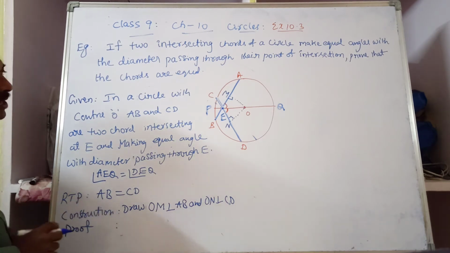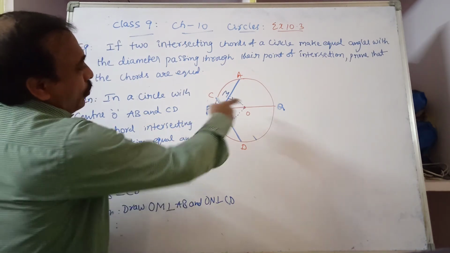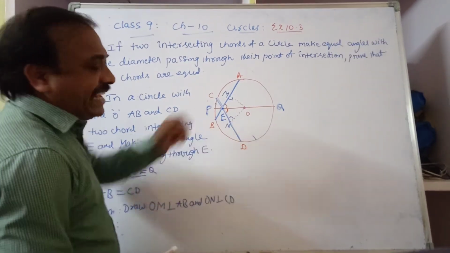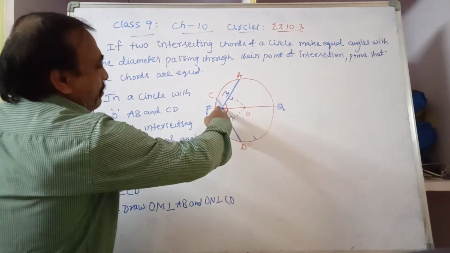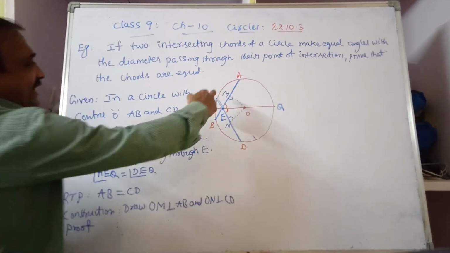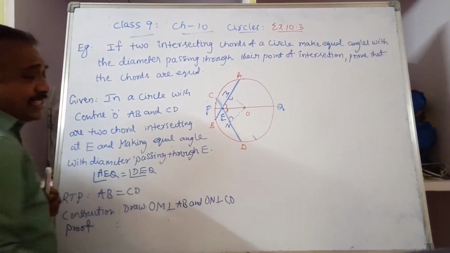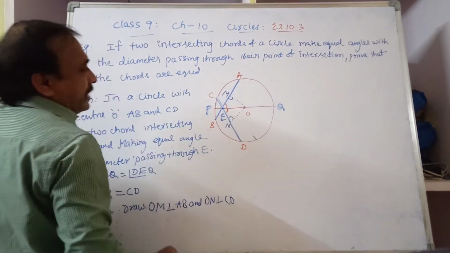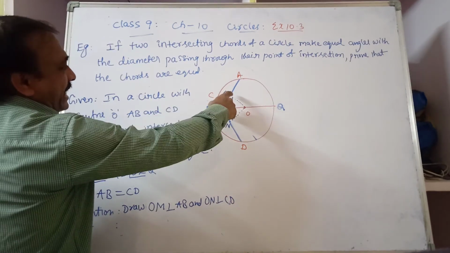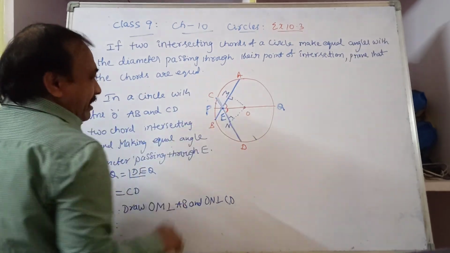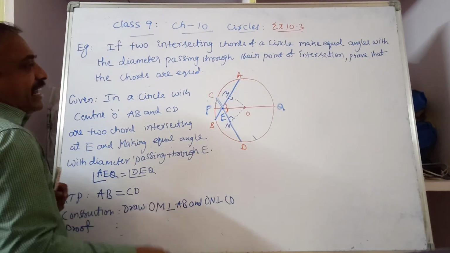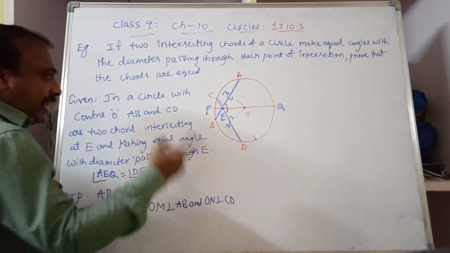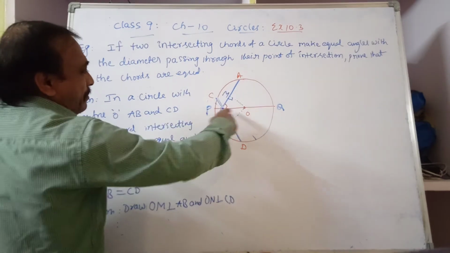In that, angle OME is equal to angle ONE, 90 degrees. And MEO, observe it now. Angle AEQ is equal to, which is nothing but, M is a point on that, so we can write it as angle OEM, or you can write it as angle MEO.